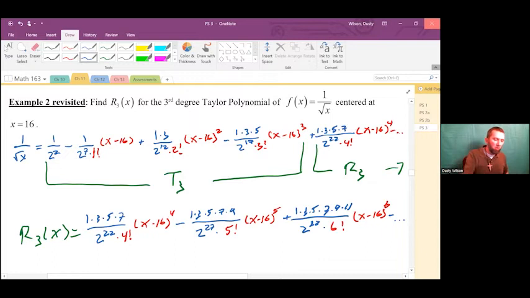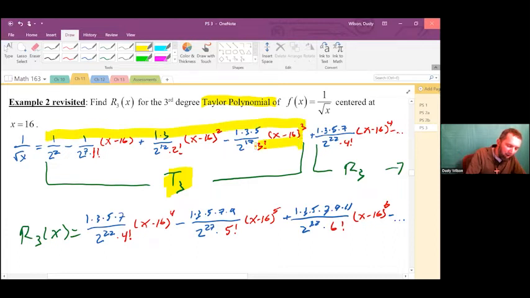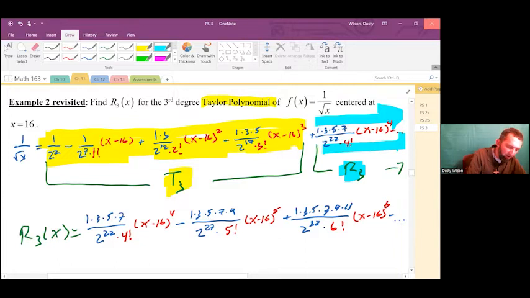So notice that the Taylor polynomial, here, T3, stops at the third degree. But the other term, R of 3, maybe it's blue, is going to go on forever and ever, right?